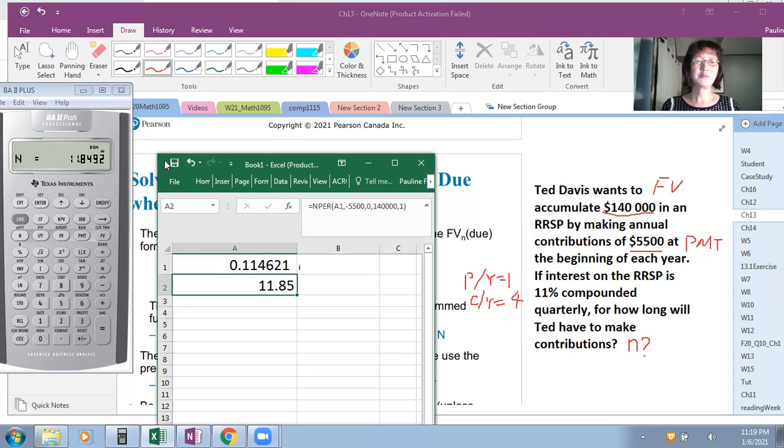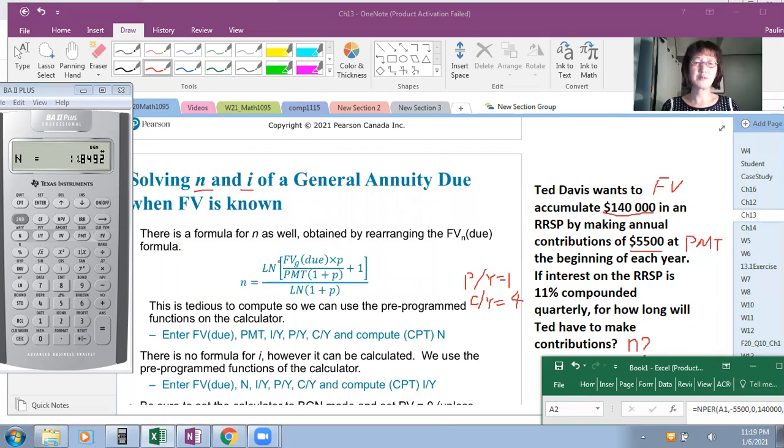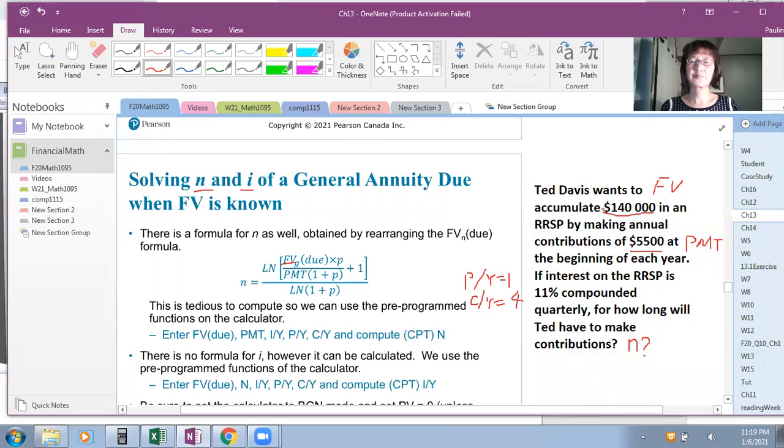Last one, formula method. For the formula method, you plug in this formula. FV, you plug in 140,000.